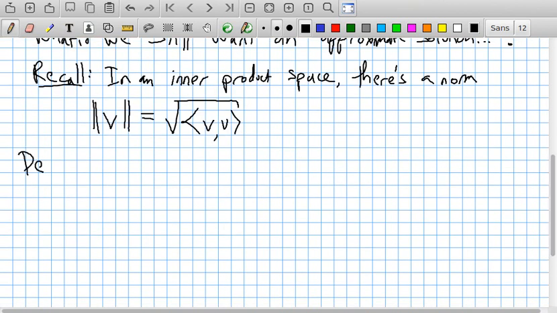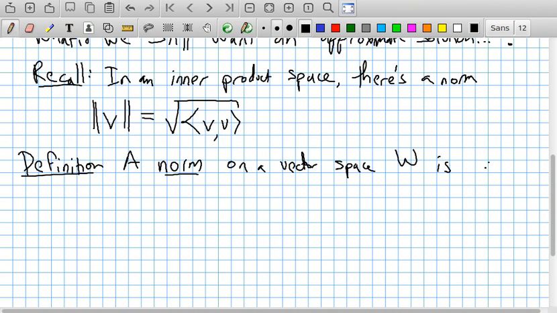Definition. A norm on a vector space W is a function. We usually write it with vertical bars, and the input is in between the bars.